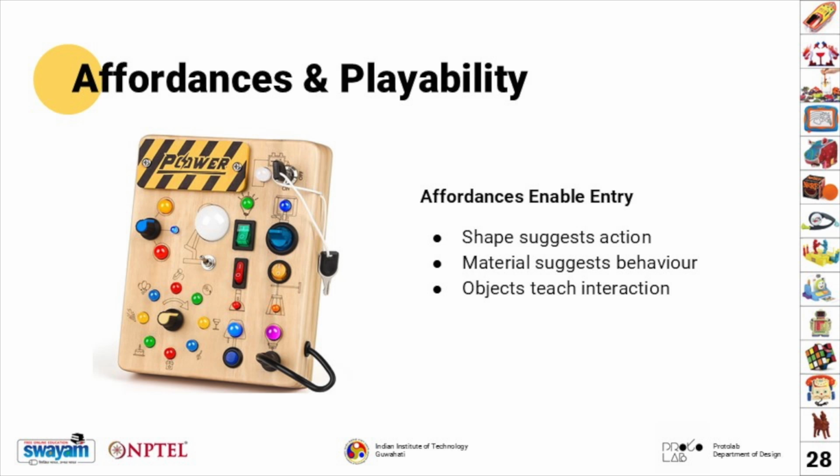This becomes important for inclusion because instructions often exclude. If understanding depends on language, memory, or prior experience, some children start later than others. But if the toy communicates through its form, everyone starts together.